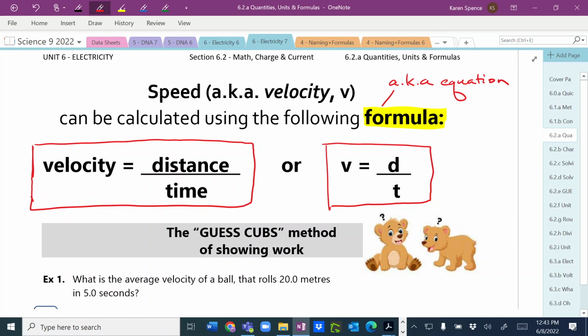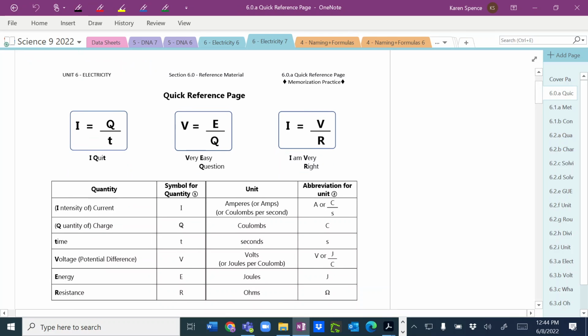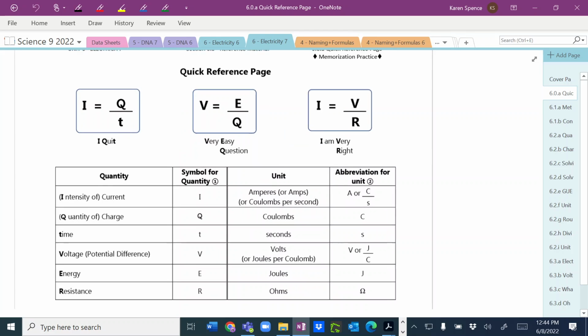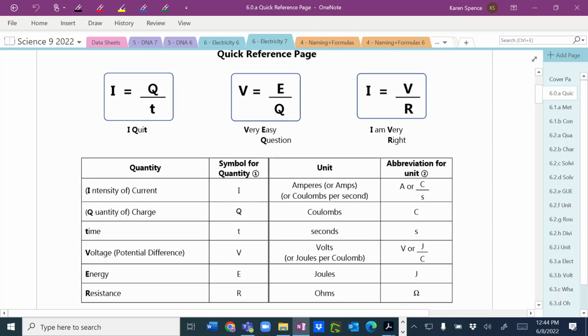Okay, and it's just going to be the top half. All right, that's what your formula sheet is going to look like. So you can use that on quizzes and tests and whatever. If you're planning on doing the enriched, I think it would be worthwhile memorizing them. There's only 3 formulas, and we'll be doing them as we go along.